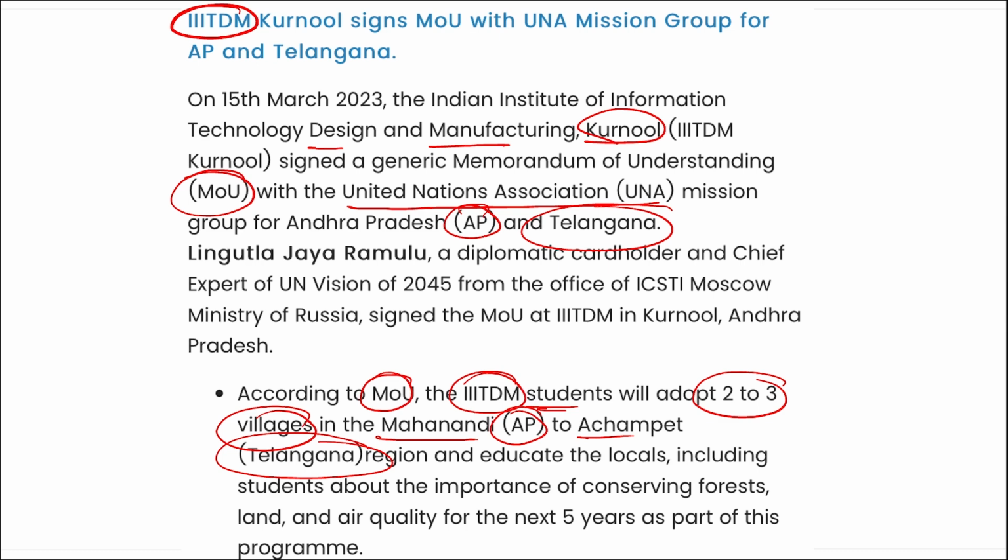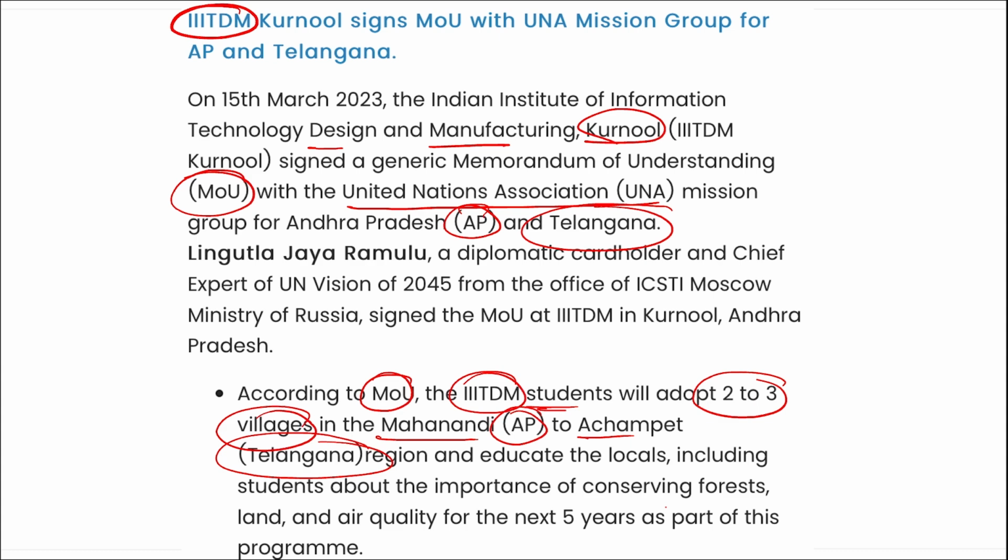They will teach them how they should conserve forest and land, and what should be done about air quality. Various science-related subjects will also be taught to them so that they can enhance their understanding and do better for their environment as well as do better in the long term for their lives also.